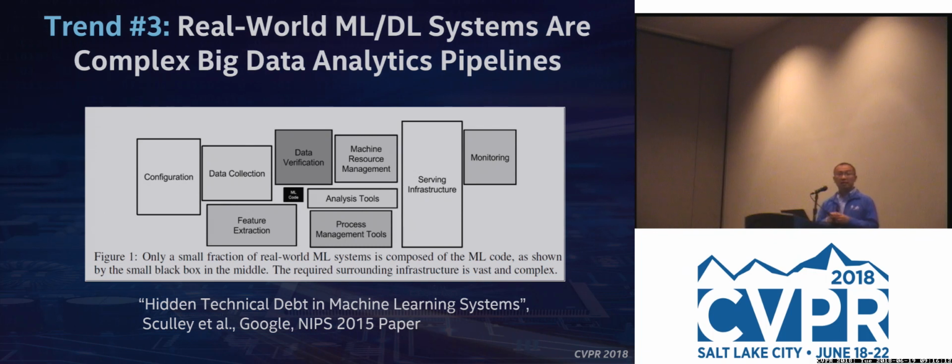It's critical in that it gives you unique capabilities to perform various interesting algorithms on top of your data. But to build and deploy a real-world machine learning or deep learning system is actually far more than a piece of machine learning or deep learning model.